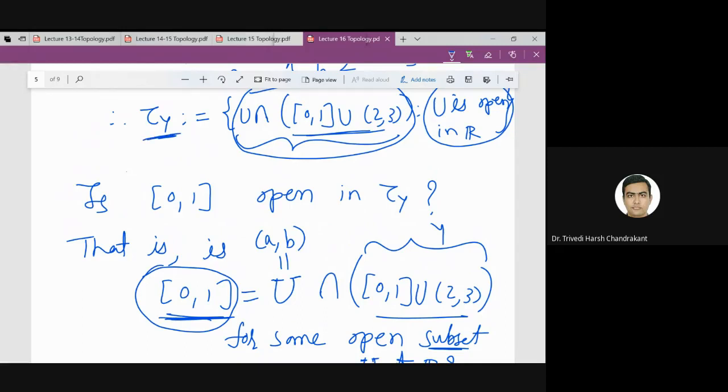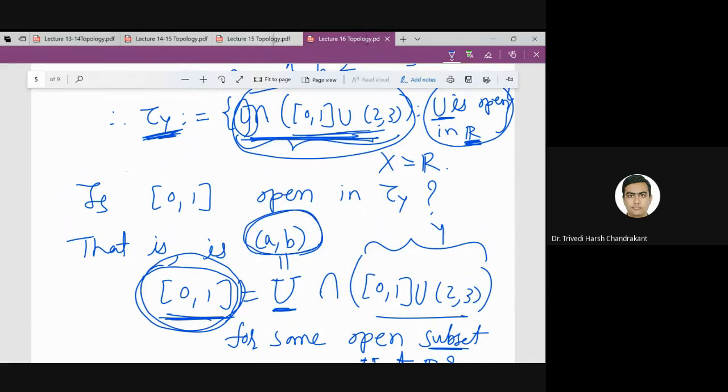If I want to show that any set is open in the subspace topology, then it should be of this form, where U is open in X equal to R here. So what choice of U will I take? U is an open subset of R. In particular, I can try for the basic open set.